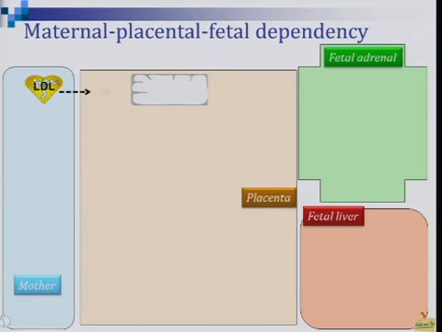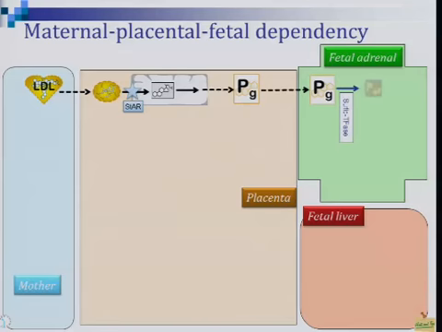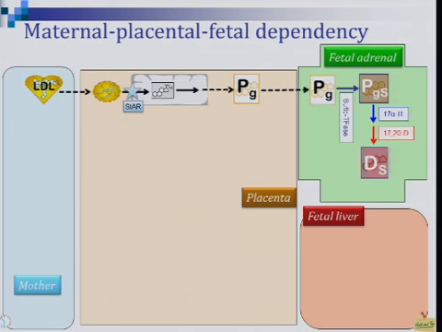liver. So LDL from the mother is transported into the placenta, where it becomes pregnenolone. The pregnenolone then passes to the fetal adrenal gland, where the sulfotransferase makes it pregnenolone sulfate. It's then converted into DHEA sulfate.